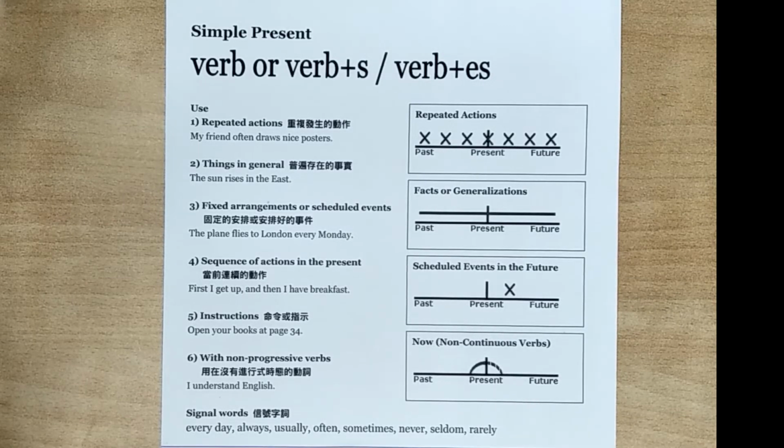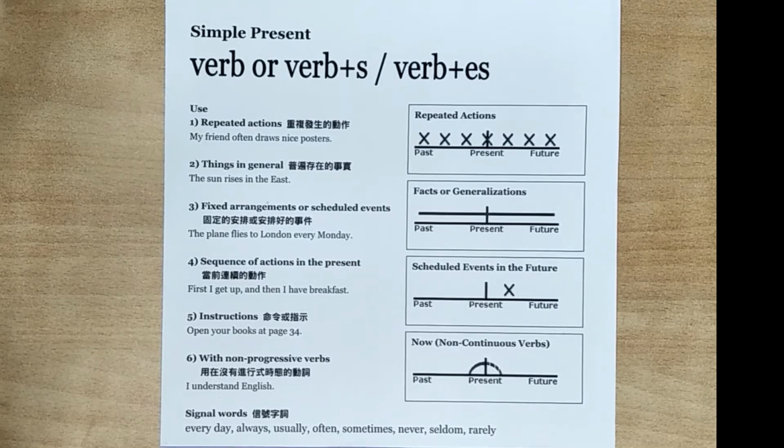Note, every day is not a time frequency adverb. Every day is a unit of time. Every day belongs in the front of the sentence or in the very back of the sentence.